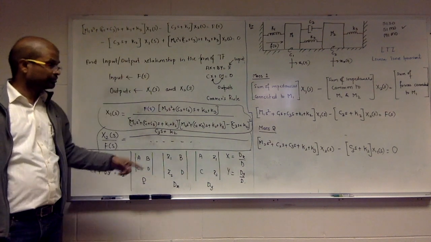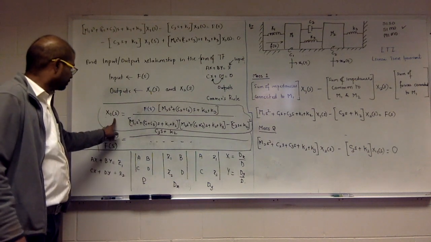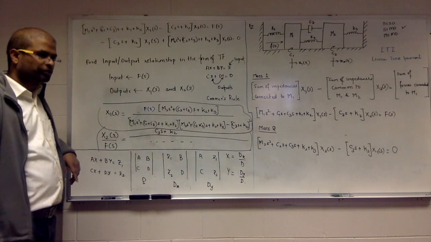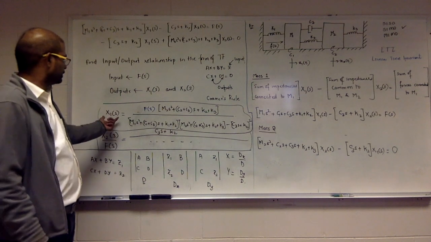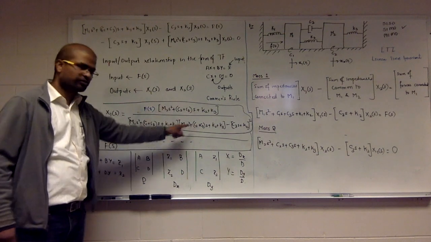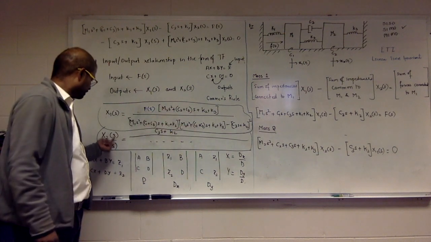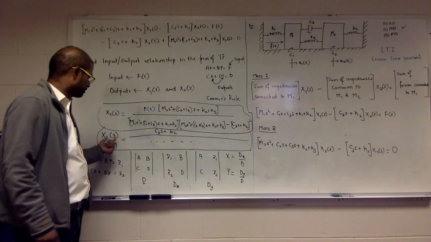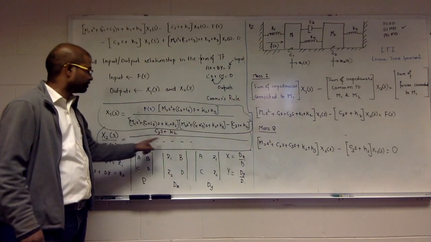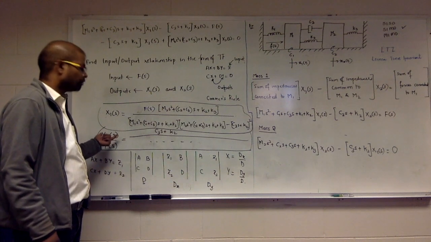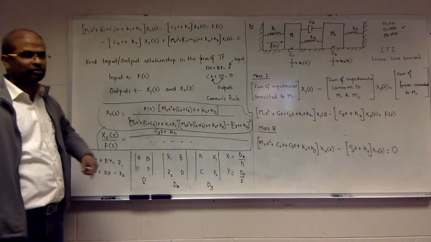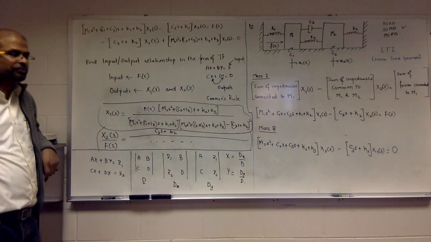Even in this system, this output is different from this output, because this output is this input into this dynamics. This output, x2 of s, is this input. The input is the same, but the dynamics relating output 2 to input is different from the dynamics relating output 1 to input. Does that make sense?